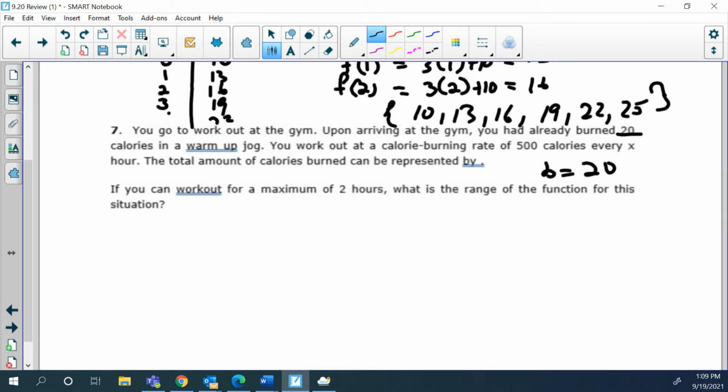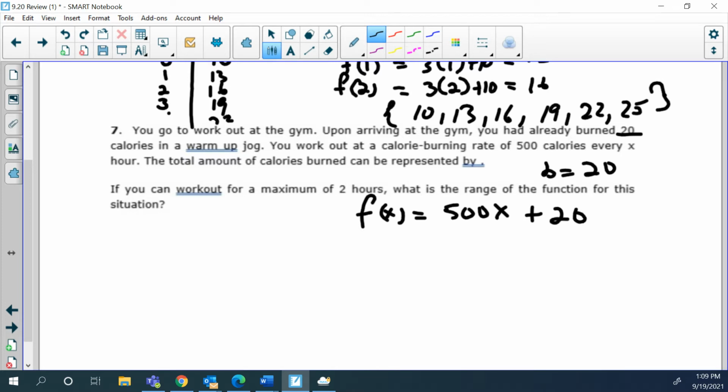And again, the equation for this, I give you the equation: f of x is equal to 500x plus 20. Okay, and want to know what is the range?